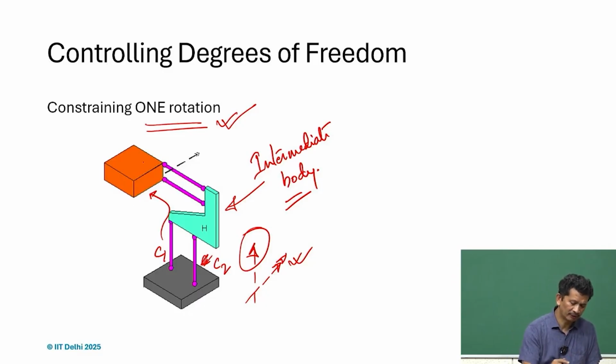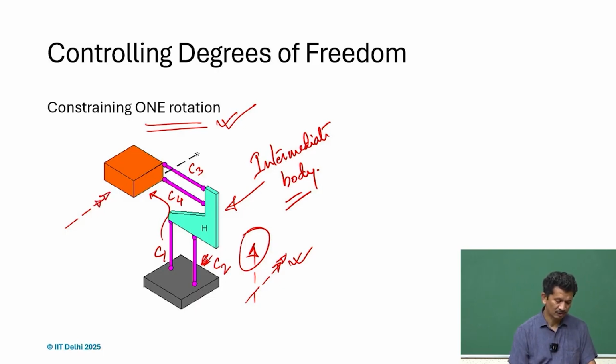If we just consider C3 and C4 with respect to the intermediate body, we realize that it constrains the rotation, but it also constrains this translation.